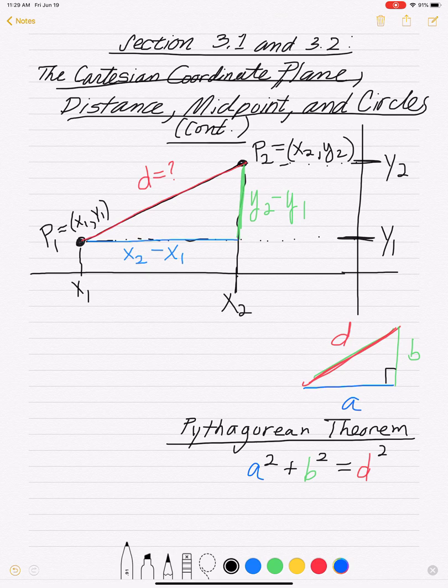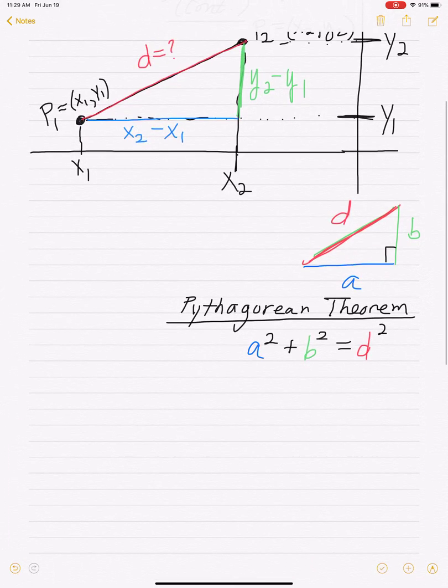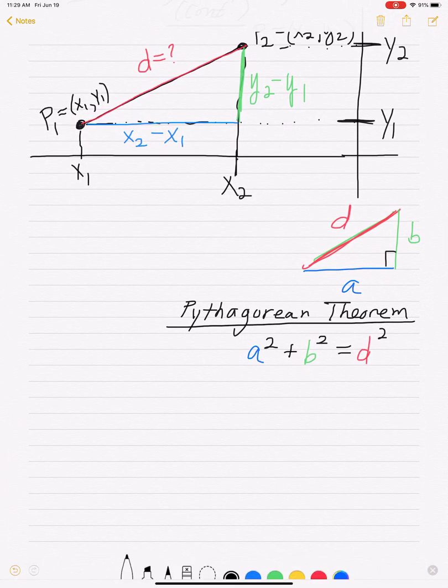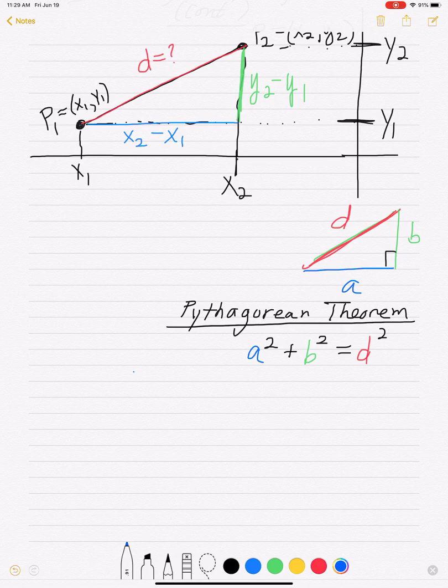So if we apply this formula to our triangle above, in place of the A, I'm going to put x2 minus x1, so I'm going to have (x2 minus x1) squared, plus, in place of the B, y2 minus y1, and square that.